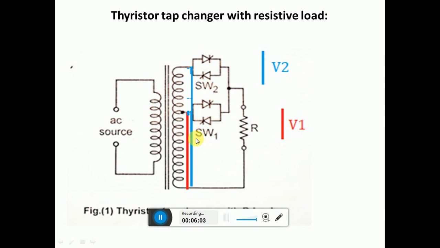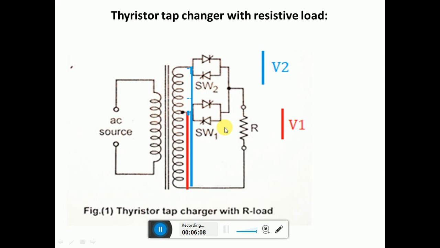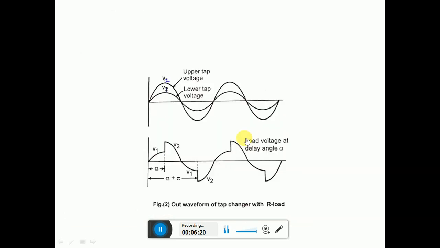So this is the way the tappings are changed to get a variable voltage across the secondary of the tap changer. If we are able to control V1 and V2, we will be able to get any voltage from V1 to V2 magnitude for the resistive load.